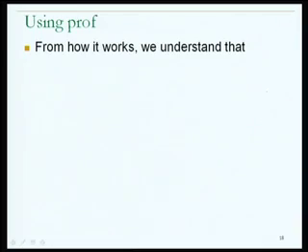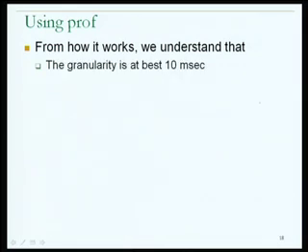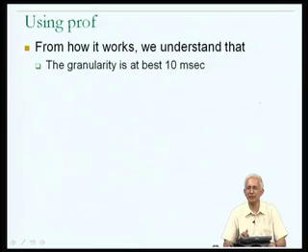Okay, so what else can we learn about how to use Prof from our understanding of how it works? Now, a few things that we can understand. First of all, Prof operates by using the system call profile, and what the system call profile does is that it causes the PC value, the program counter value, to be sampled once every 10 milliseconds, and subsequently whichever function happens to be executing at that point in time will be given a weightage of 10 milliseconds.